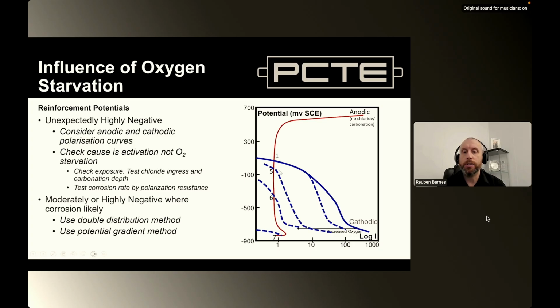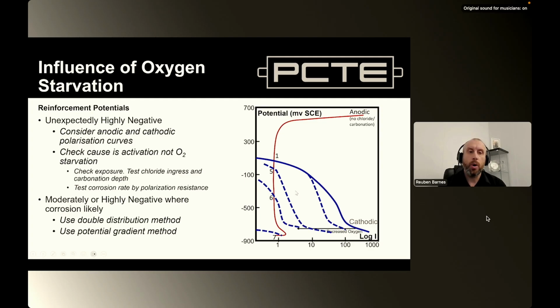And what we see here is that as our curve moves down, we're having decreasing oxygen, and the point that we intercept with this line is lower and lower. And if we just measure our potential differences, yeah, okay, we're getting lower potential differences. The effect of this, however, is that our corrosion rate is not increasing.